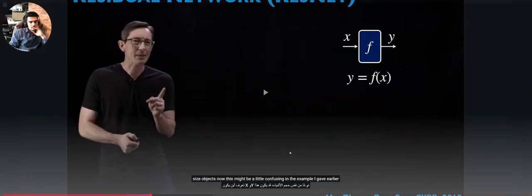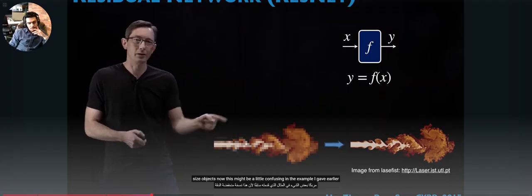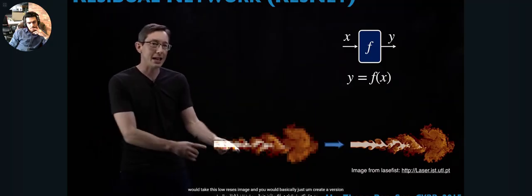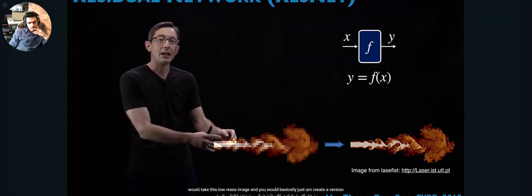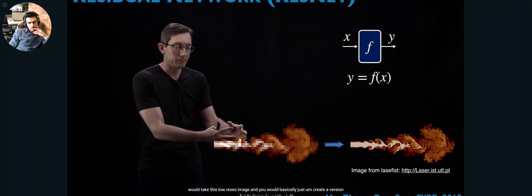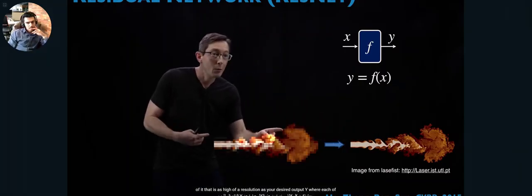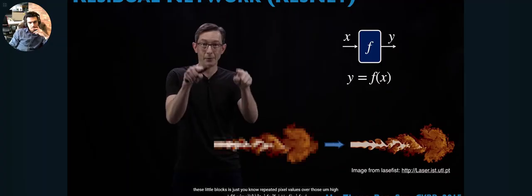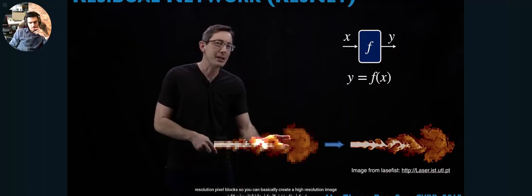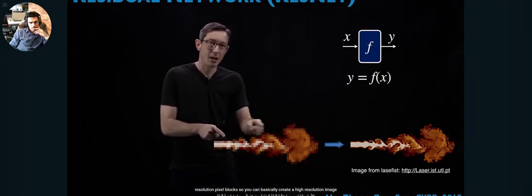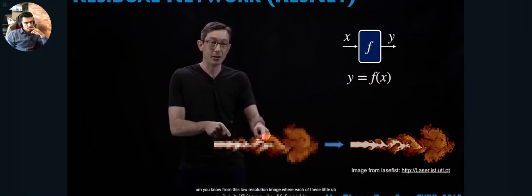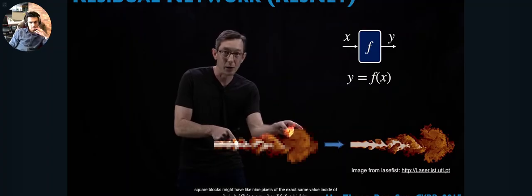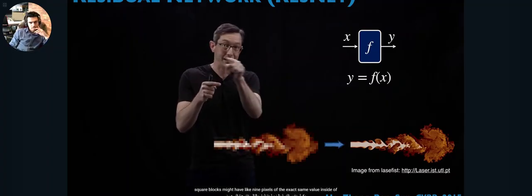Now, this might be a little confusing in the example I gave earlier because this is a low resolution version of this. But what you would do is take this low res image and create a version of it that is as high of a resolution as your desired output Y, where each of these little blocks is just repeated pixel values over those high resolution pixel blocks. So you can basically create a high resolution image from this low resolution image where each of these little square blocks might have like 9 pixels of the exact same value inside of them.